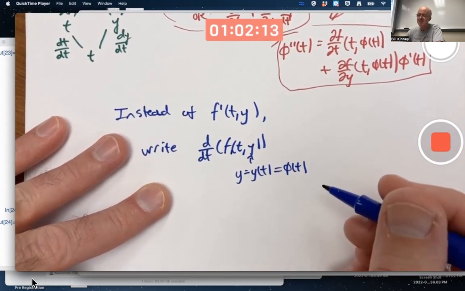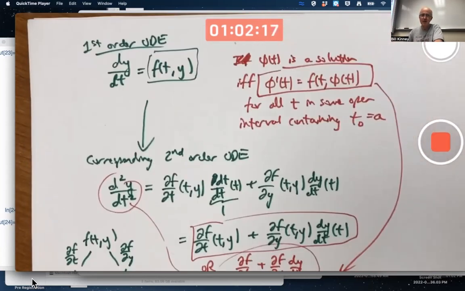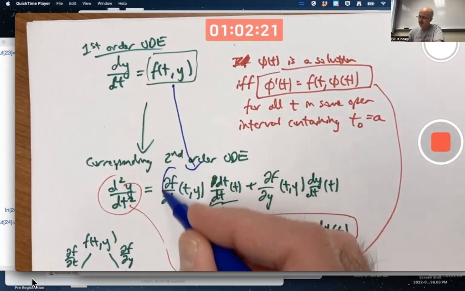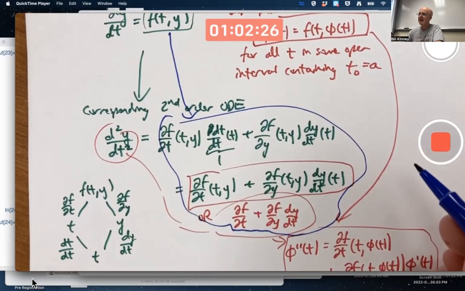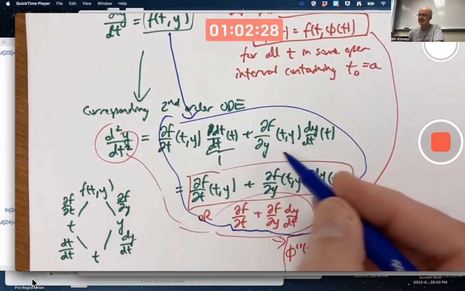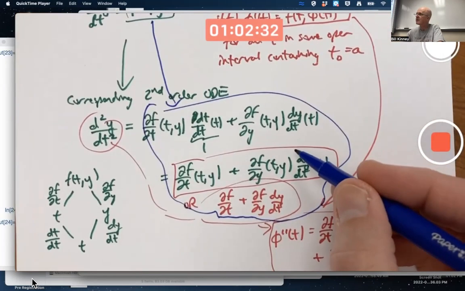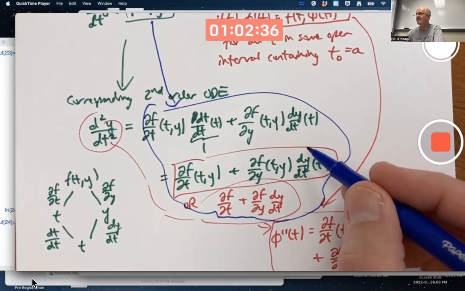So in essence, you are doing exactly what we did up here when we took this f and did all this stuff. All that stuff is what the book's shorthand notation stands for. And yes, it's simpler notation, but it's confusing.